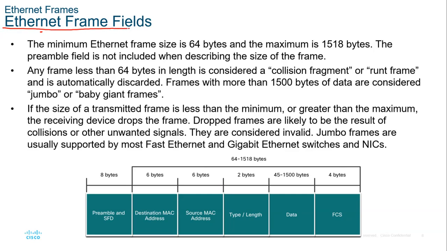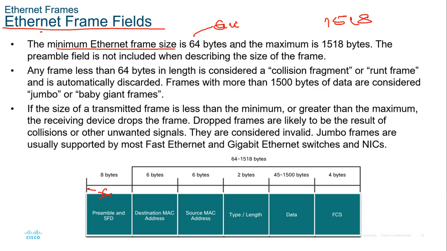Now the Ethernet frame fields. We need to look at the Ethernet frame size: the minimum is 64 bytes and the maximum is 1518. The preamble field is not included, or not used to describe the size of the frame.